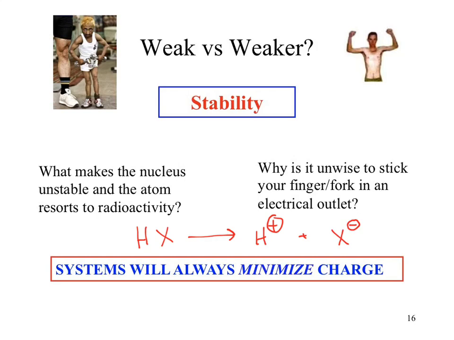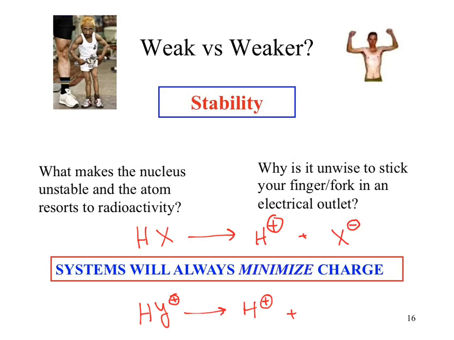Let's say instead of starting with HX, we start with HY, but positively charged. What happens when it dissociates in water? Still get H plus. Why do we know we get H plus? We've got that hydrogen in front of our formula. So there's our H plus. Plus what?